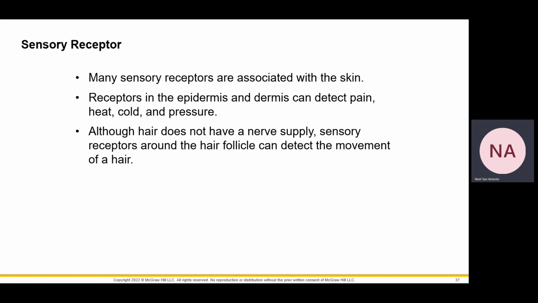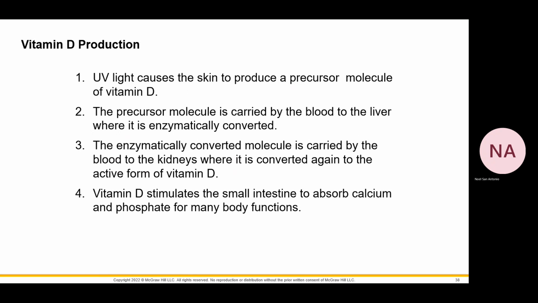So therefore, bakit po natin nararamdaman pag may humahawak sa buhok? Hindi yung buhok mismo ang nakakaramdam noon, but the receptors around the hair follicle, because once the hair moved, nagalaw din yung hair follicle, that movement is detected by the receptors near and around the hair follicle.